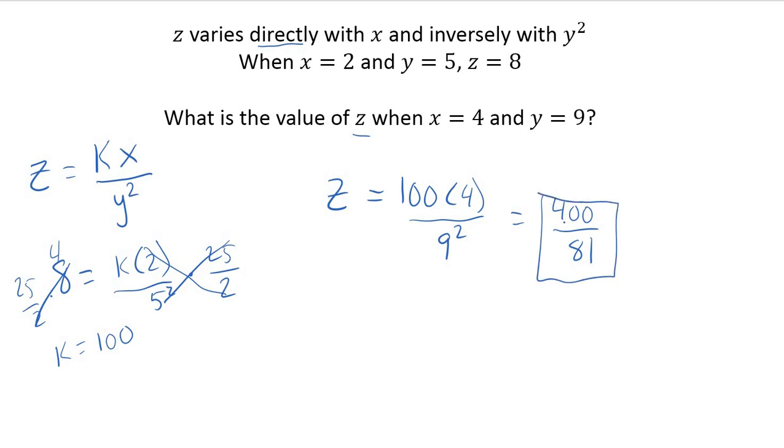I don't know that that's going to reduce any farther. You could do a decimal, I suppose, but I'd probably just leave it as a fraction. Okay, so again, there's lots of different situations they can throw at us. Set up the equation, identify direct or inverse, and then plug things in, solve for your constant, and you're off and running.